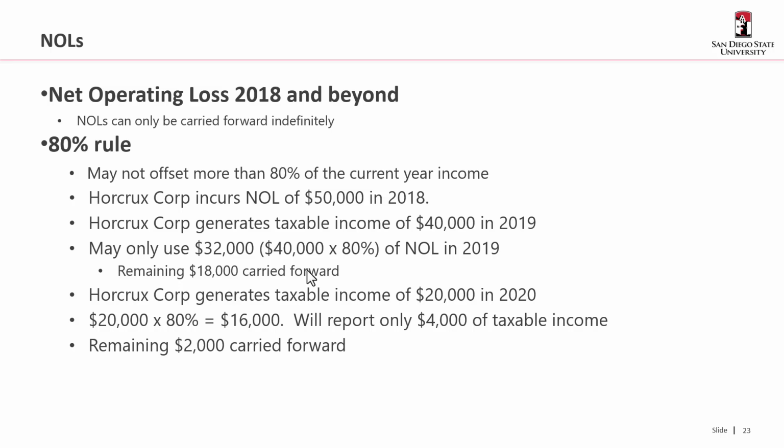So let's say Horcrux generates taxable income of 20,000 in 2020. Well, 20,000 times 80% is 16,000. So they'd be able to offset 16,000 with their NOL, but the remaining 2,000 of NOL, the 18,000 minus the 16,000, would be carried forward again to a future year.